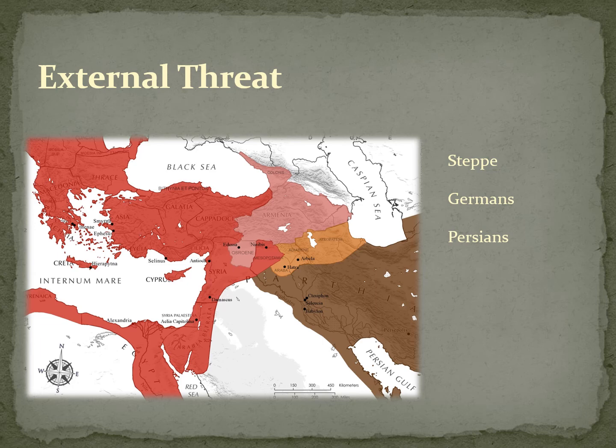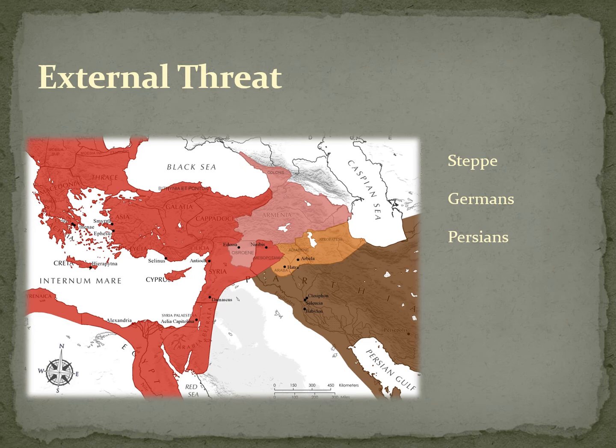For centuries, the Romans had kept a border with a group of people called the Parthians. But in the 220s, the Parthians were overthrown by a dynasty which became known as the Sassanids.